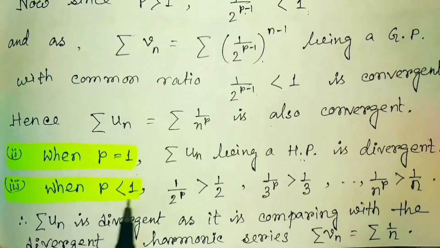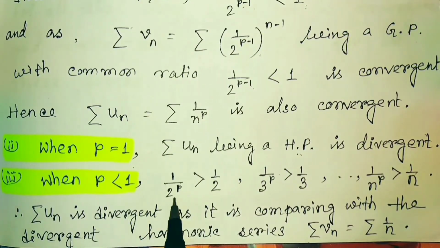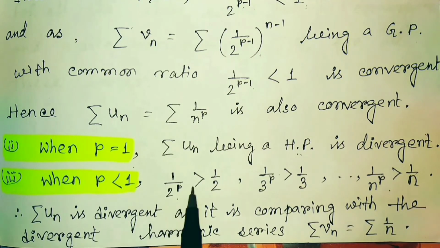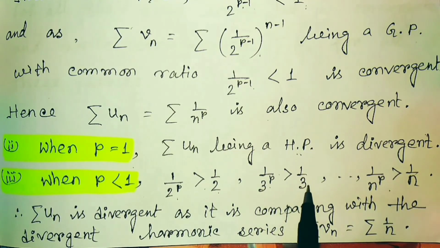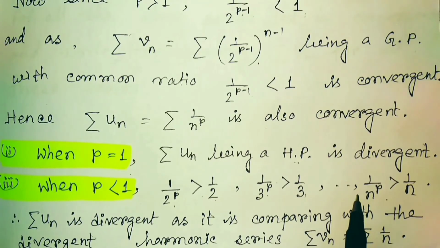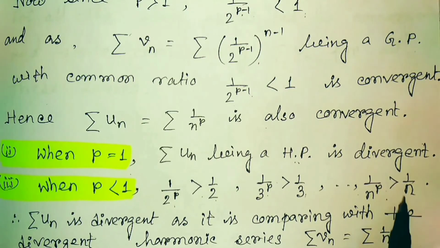Next, when p is less than 1, again we can compare each and every term in inequality form. That means 1 by 2 to the power p is always greater than 1 by 2, 1 by 3 to the power p is always greater than 1 by 3. Likewise, 1 by n to the power p is always greater than 1 by n.